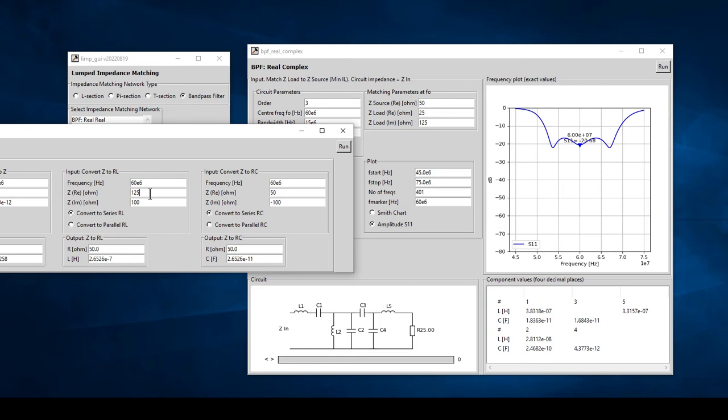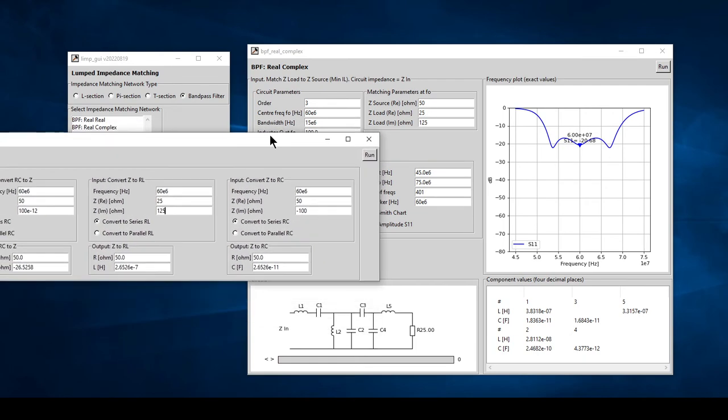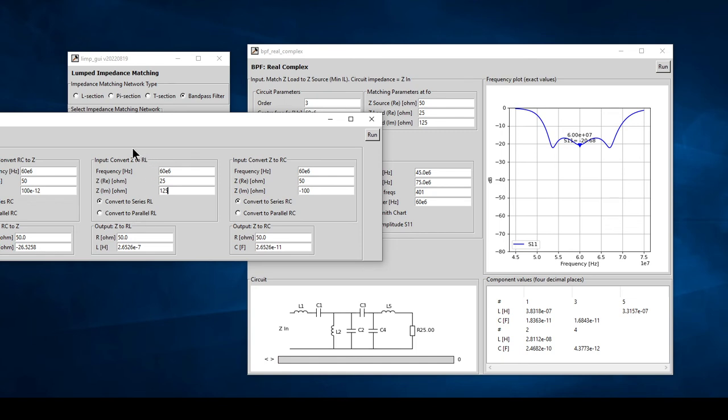Sorry, it's a load of 25 and an imaginary part of 125. Okay, 25, 125, and we have a series case, and we're doing the inductor. So over here we convert the impedance to the equivalent circuit. Over here we can convert the impedance to an RC equivalent circuit. This is an RL equivalent circuit.